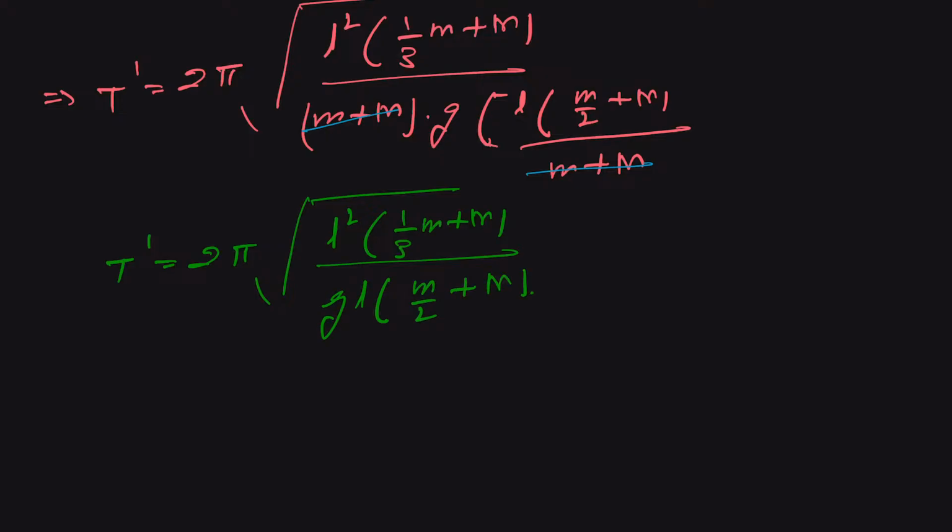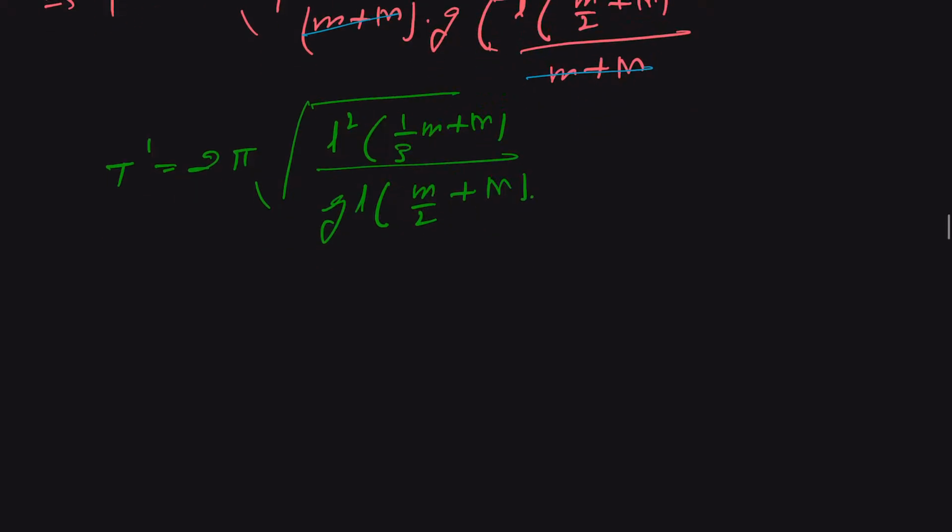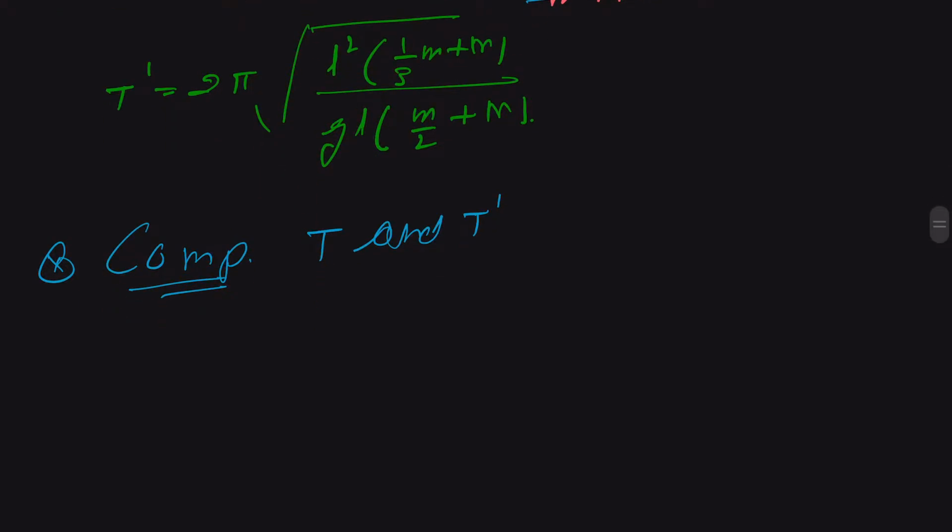Okay. Now if we make a comparison between T and T prime, if we look closely, we can say that our moment of inertia I was, using the center of mass, 1 by 2 mr square plus ml square.